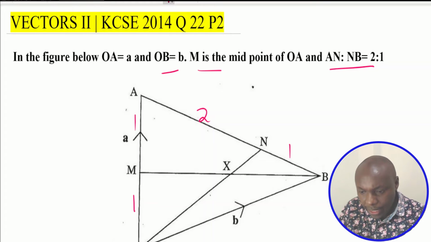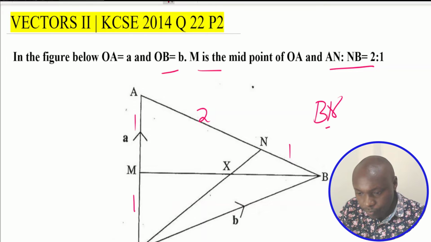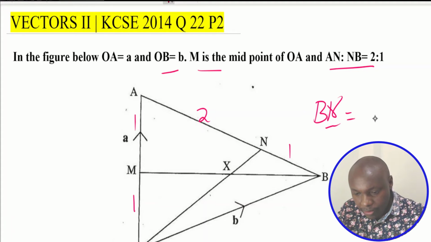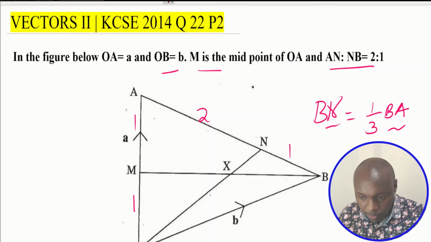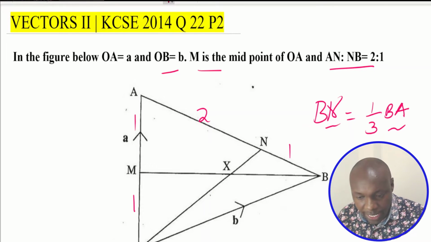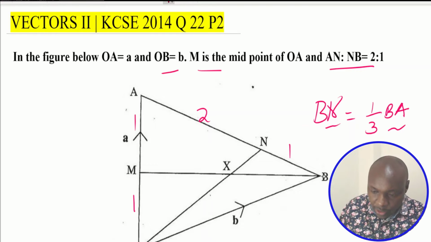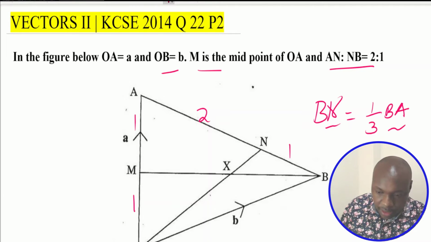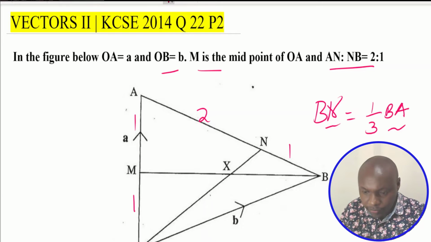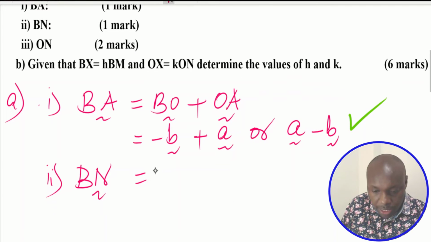So therefore BN will be given by 1/3 BA. Here you need to be very careful. It is not 1/3 AB, since we are moving in the direction BA, not in the direction AB. So BN will be 1/3 BA.